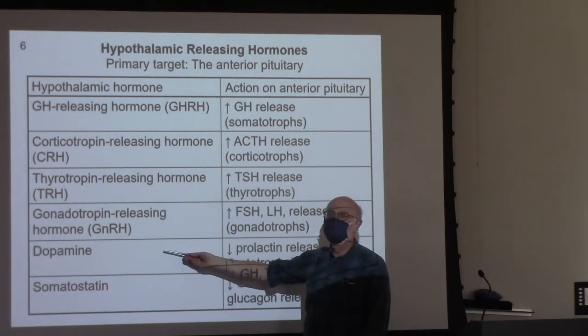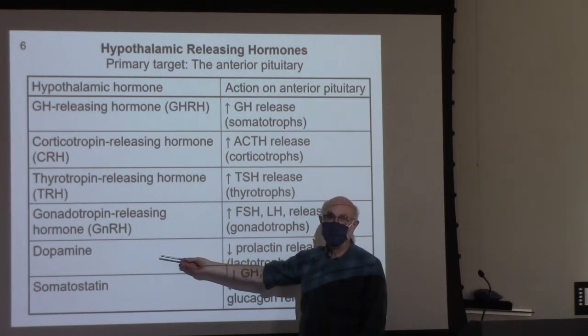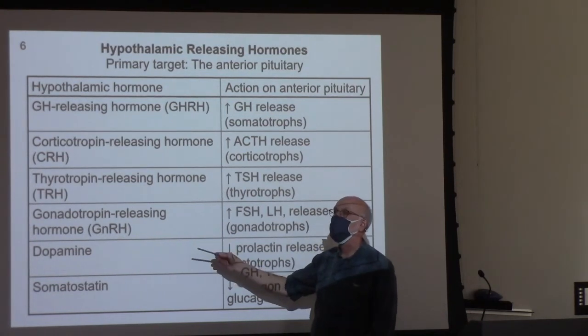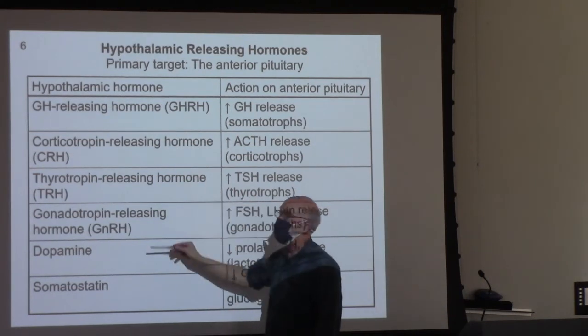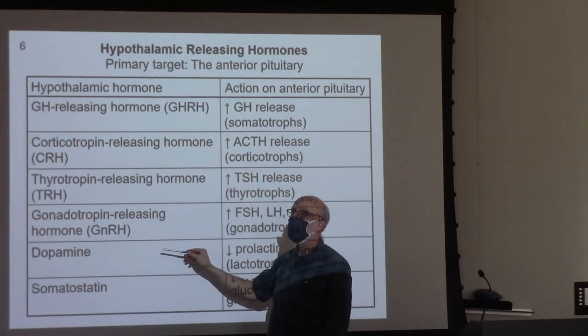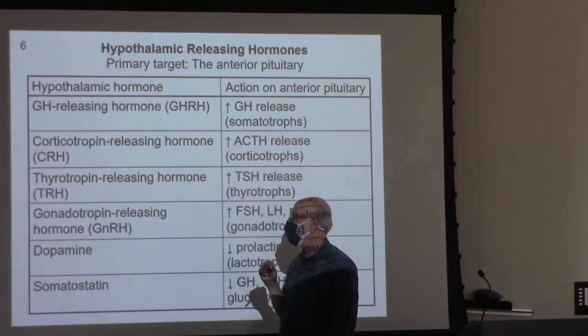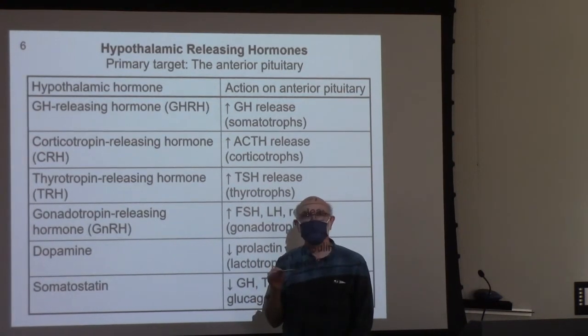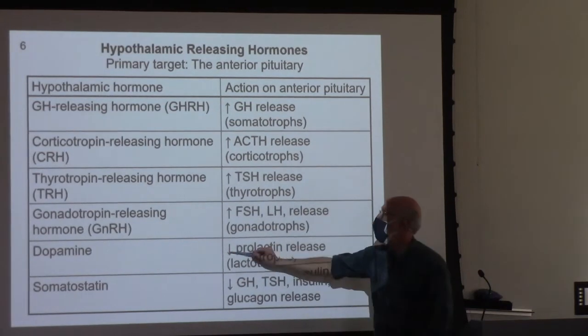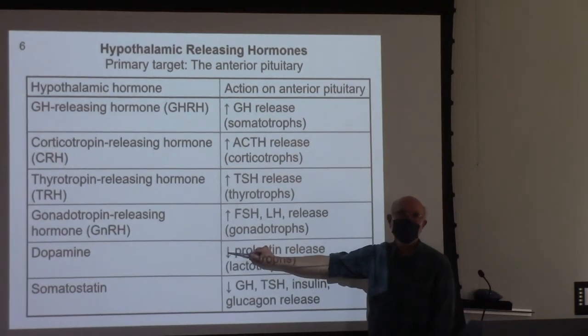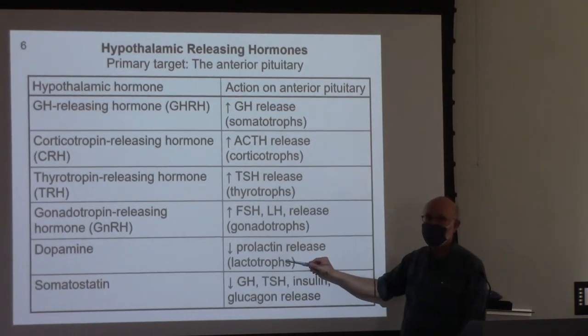Dopamine, it's a neurotransmitter, but now it's acting as a hormone. Some cells of the hypothalamus release dopamine. Now we've got an interesting switch here, a little switcheroo. Dopamine inhibits the response of lactotropes.